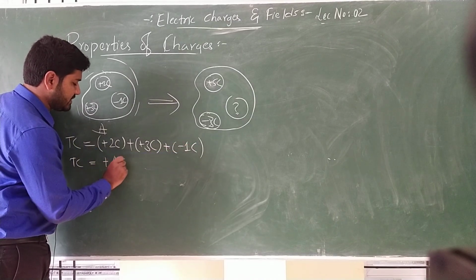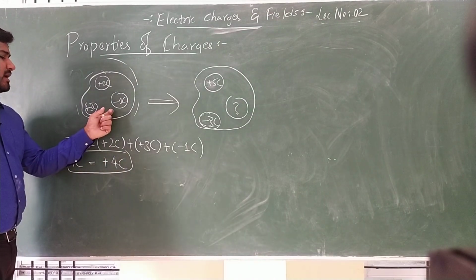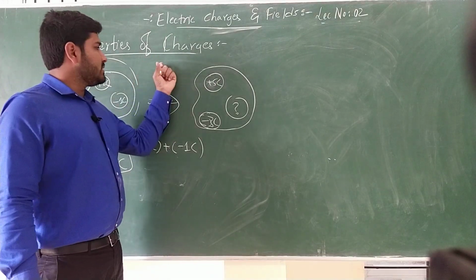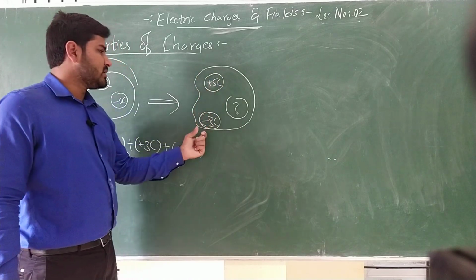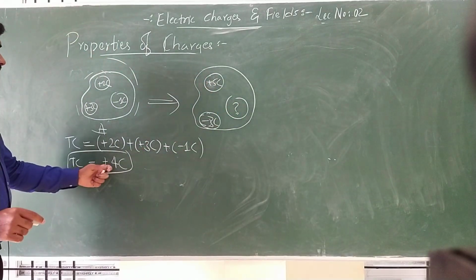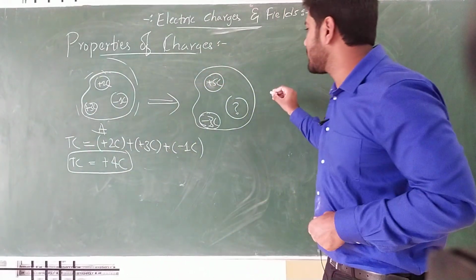So the total charge of system A is plus 4 coulomb, and whatever you do to an isolated system, the total charge will be constant, plus 4 coulomb.